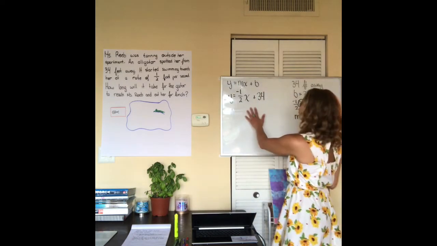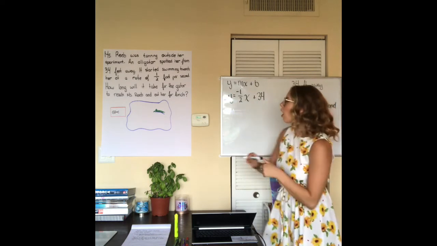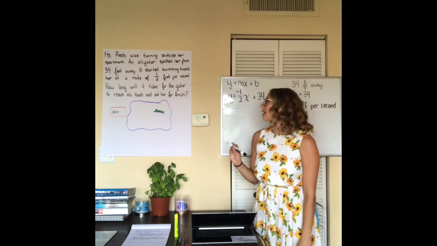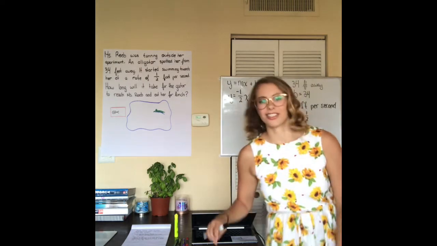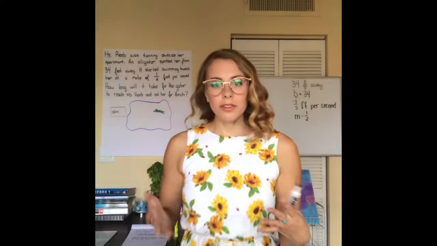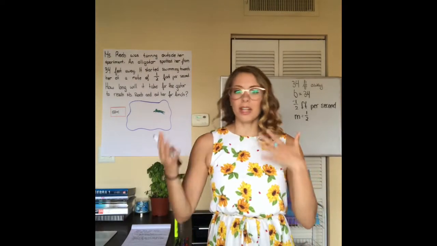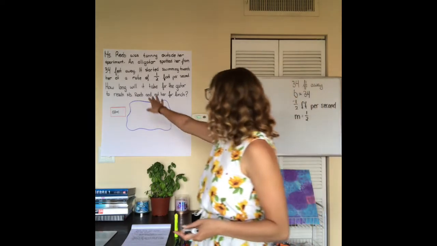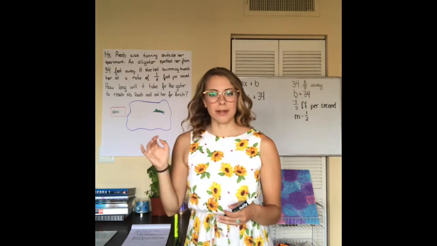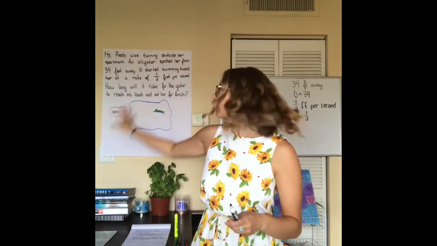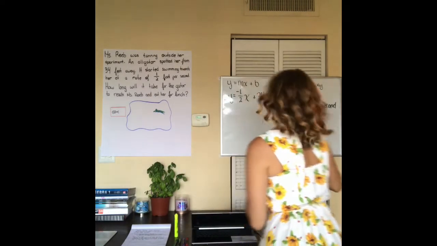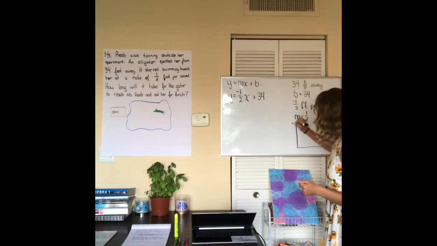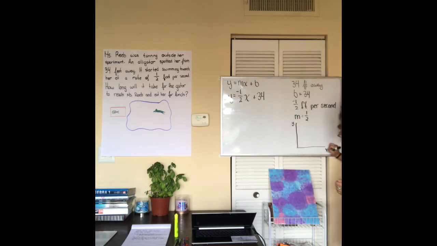And we can use this equation to solve how long will it take for the gator to reach Miss Reeb and eat her for lunch. So this is where we're going to use a graph and our units to work together to figure out where the gator reaching Miss Reeb, where that's going to get plugged into so we can solve this equation. So if I bring it to my graph here, this is my y-axis, this is my x-axis.